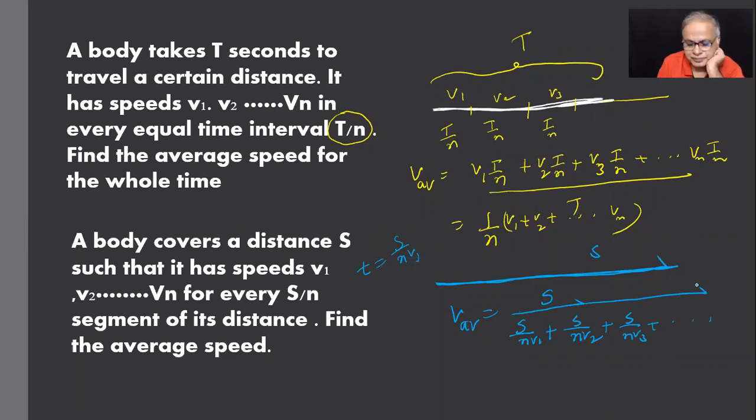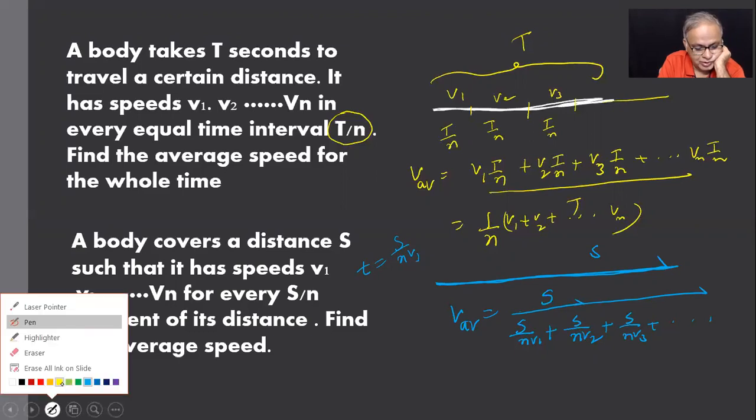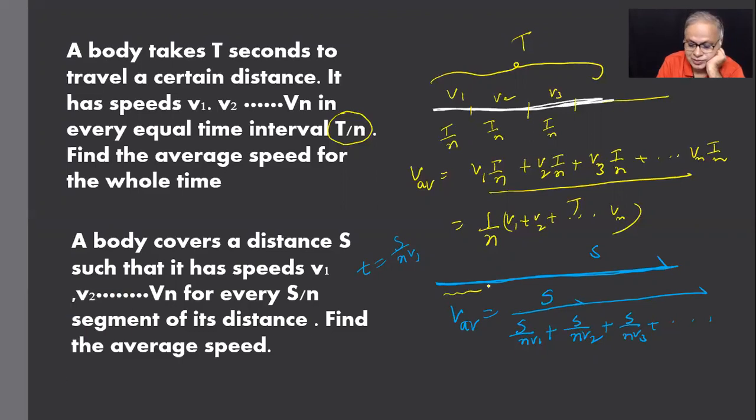Isn't it so? Yes, sir. So what should I get now? This is distance, children. I'm writing my equation here. Just separate it. Don't think there are two s there. This is the situation I've shown now. So s by 1 by v1, 1 by v2 like that. Isn't it so?